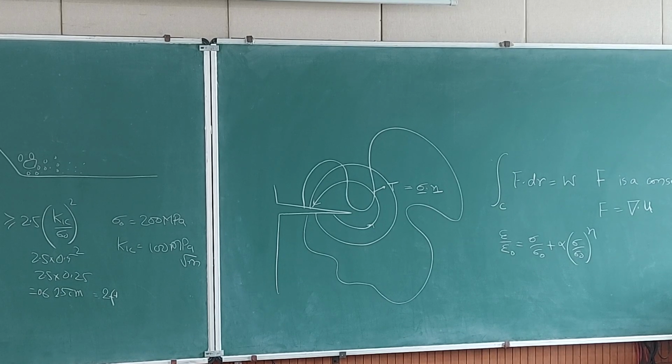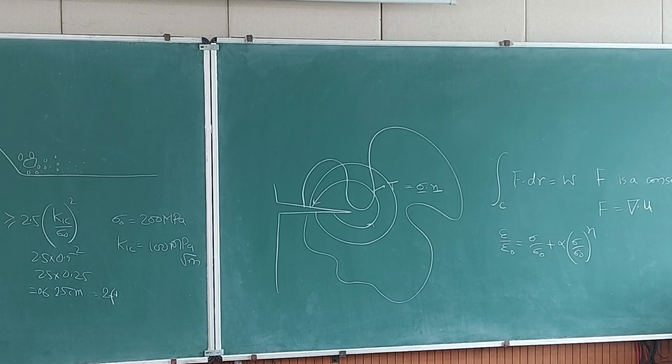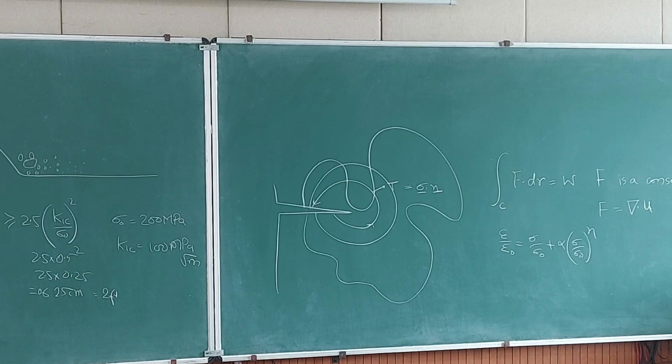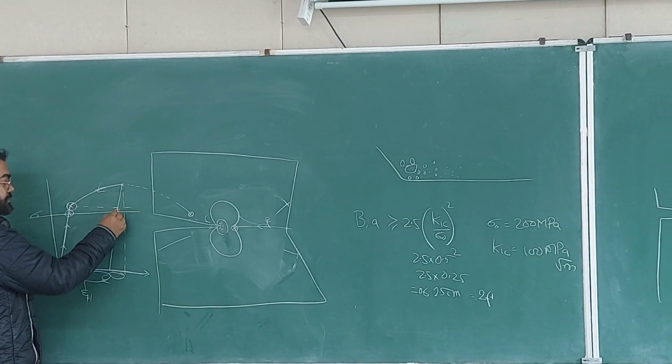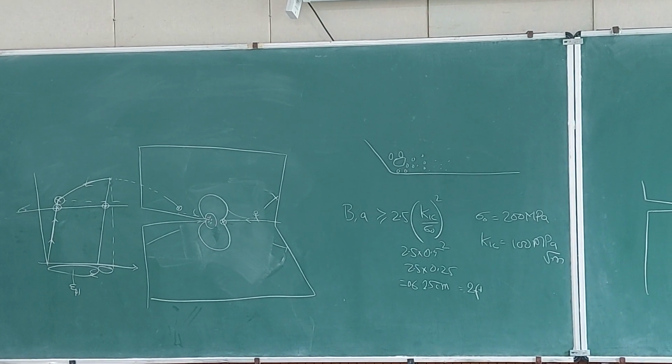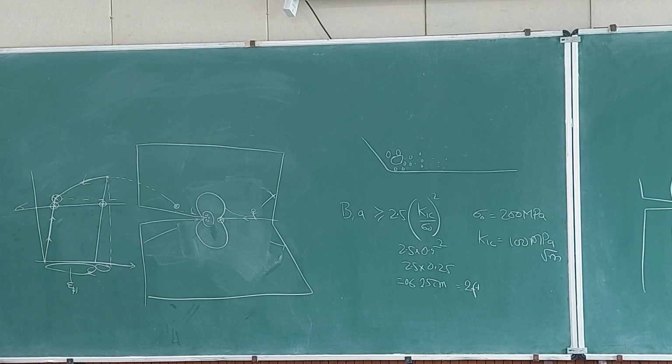Whether you increase the stress or decrease the stress, it is going to give you one value, right? And the difference for an elastic plastic material will be when you unload, for the same value of stress you will have different values of strains, right? That is not appearing in this equation.